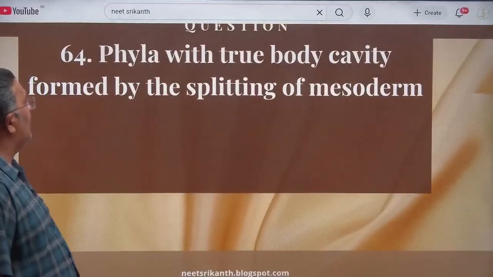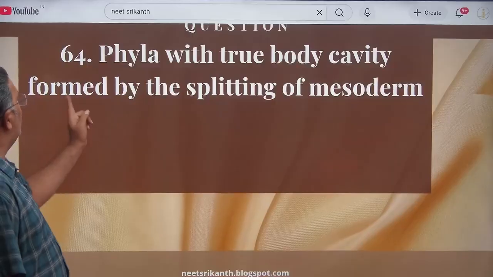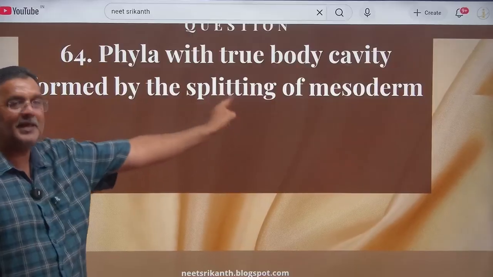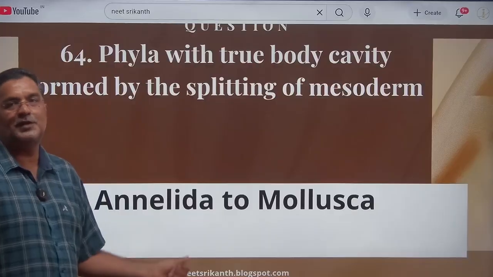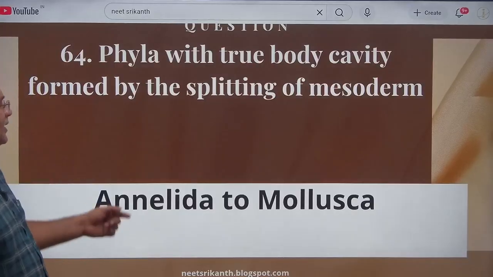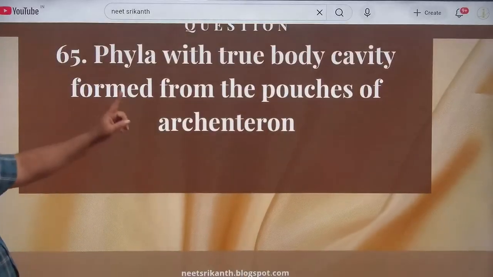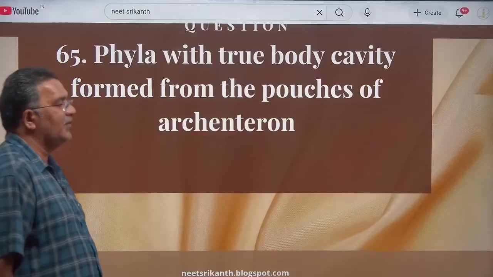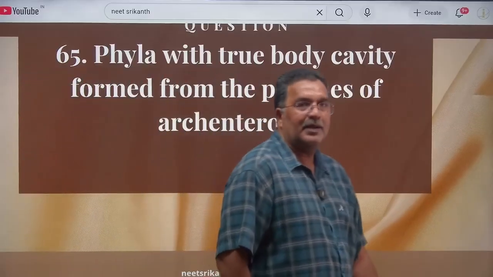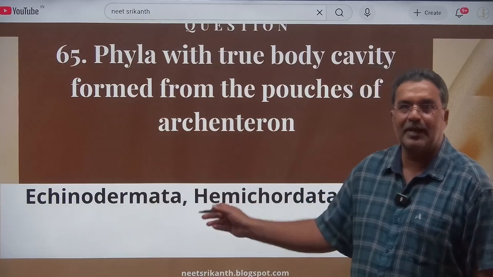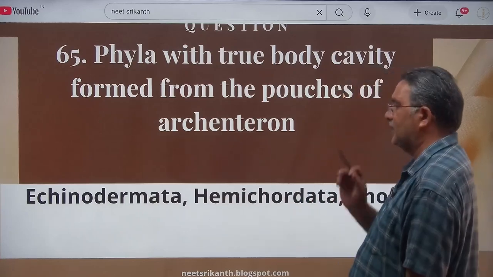Total, Annelida to Chordata. Phyla with true body cavity formed by the splitting of mesoderm, Schizocoelom, isn't it? That is Annelida to Mollusca. Phyla with true body cavity from the pouches of archenteron. Who is that? Enterocoelomata. That means Echinodermata, Hemichordata, Chordata.